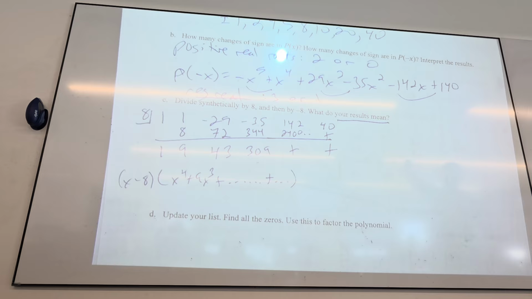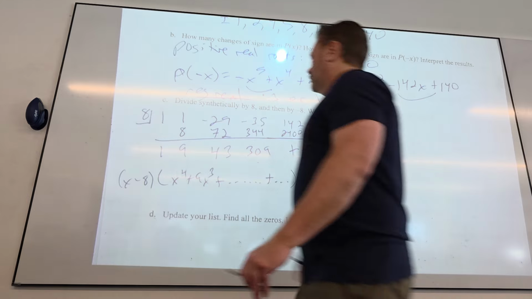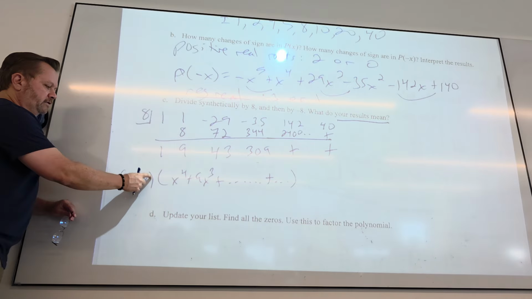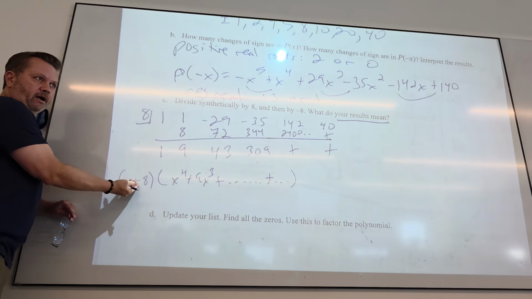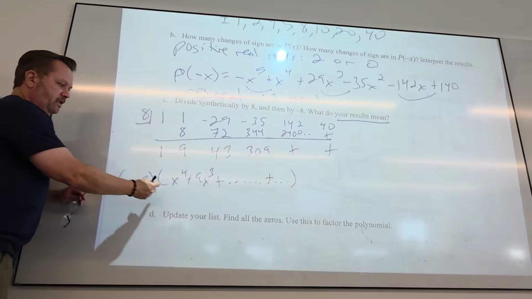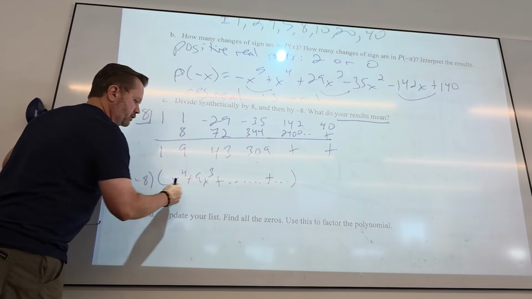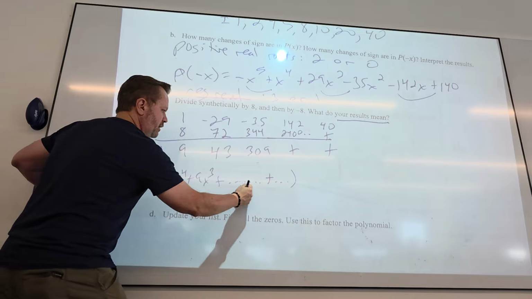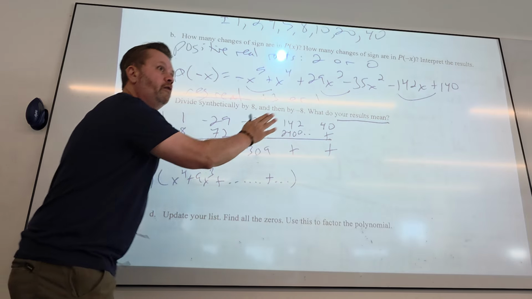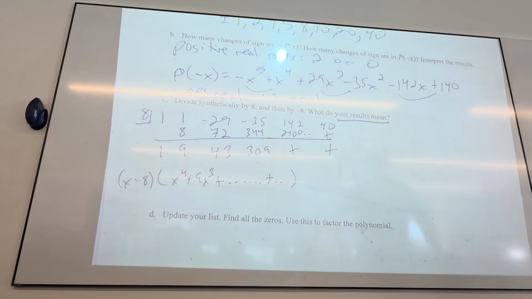Did I have numbers above 8 in my list? Yes. Yeah, 10, 20, 40. I can kill those. They won't work. Why does that make sense? If I plug a number bigger than 8 into this, I get a positive number, correct? And there's no way that a positive number could make this 0 because they're all the same sign.